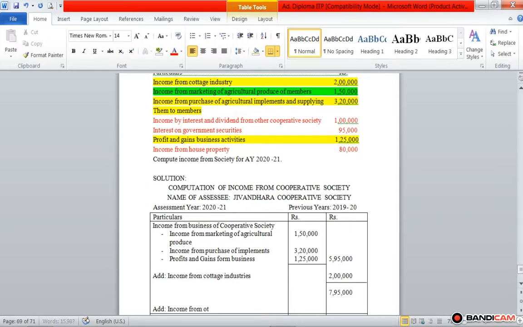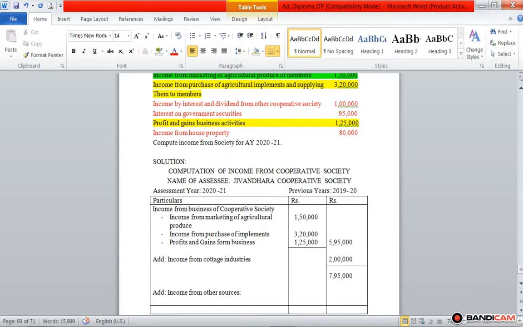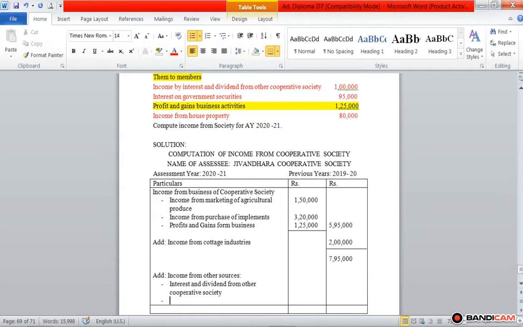Then we add income from other sources. Here income from other sources is interest and dividend from other cooperative society, amounted to rupees 1 lakh.